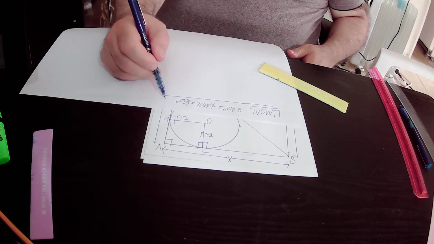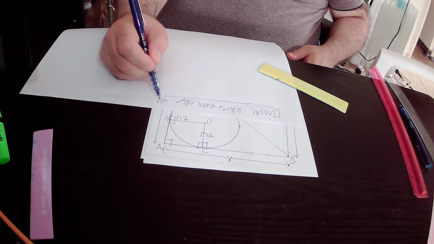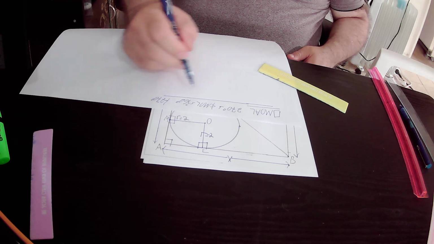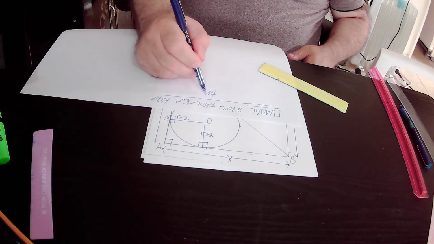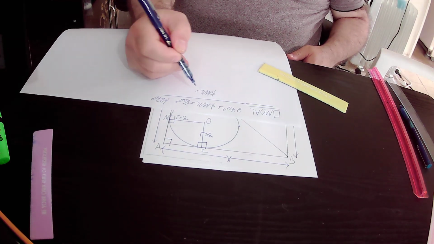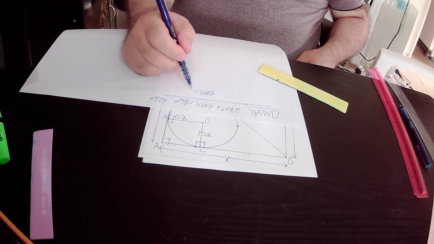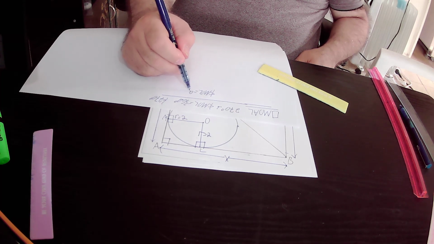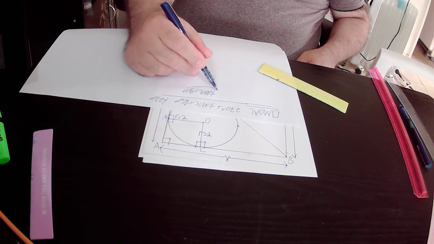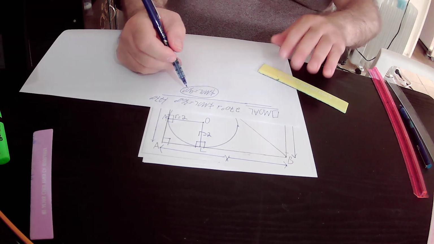Here we'll subtract 270 degrees from this equation, and we get that the missing angle, angle MOL, is equal to 360 degrees minus 270 degrees, which is 90 degrees. So if I know that angle MOL equals 90 degrees, it is a right angle.